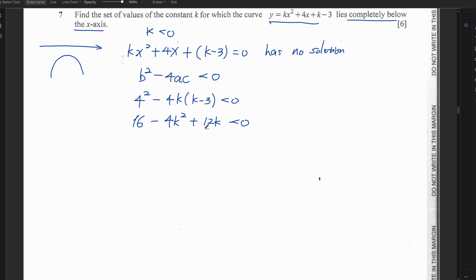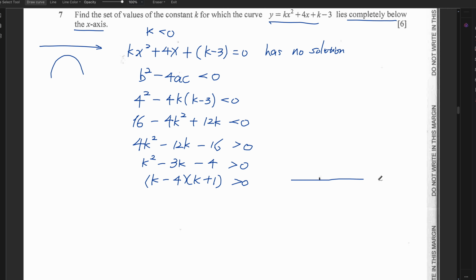By multiplying negative 1 throughout, I'm going to get 4k squared minus 12k minus 16 greater than 0. Divided by 4 throughout, k squared minus 3k minus 4 greater than 0. Further simplify, I have (k minus 4)(k plus 1) greater than 0. Now we just look at the critical values of k, negative 1 and 4.